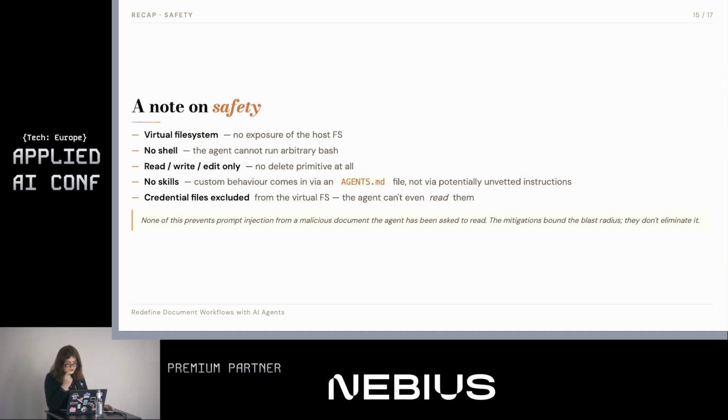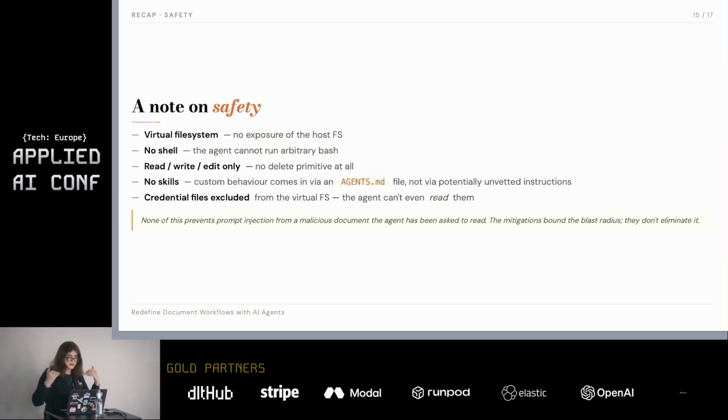We don't have shell execution. The agent cannot run arbitrary bash. Read, write, and edit only tools. We don't have deletion tools for files. This might be a little controversial, but at the time, skills was a little bit early. So I went with no skills. Let's just use agents.md. Agents.md is controlled by you. Skills are controlled by someone else, and you download them.